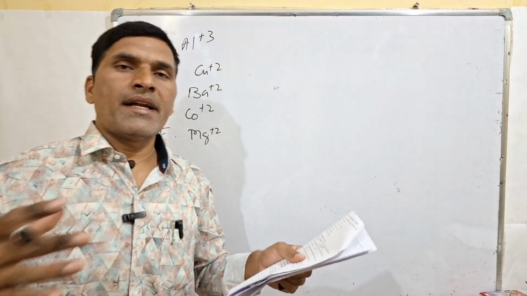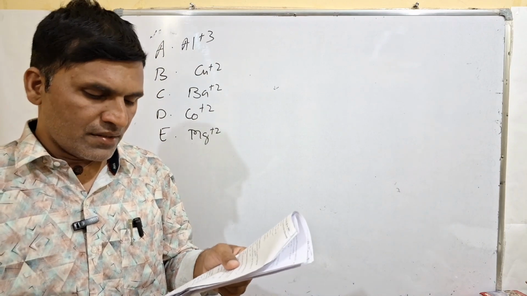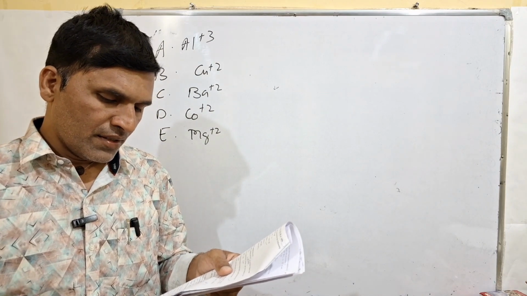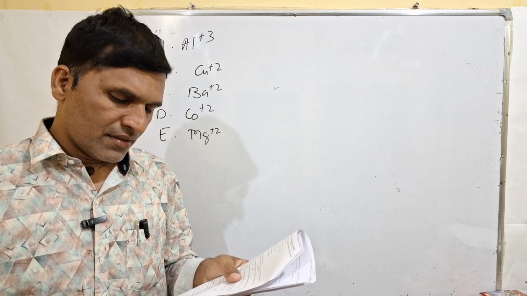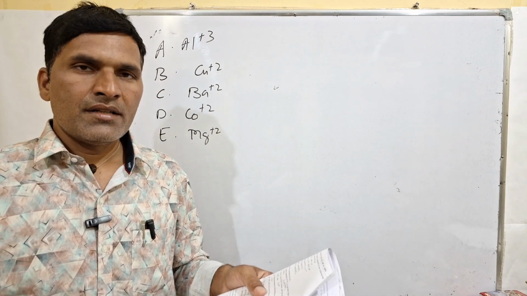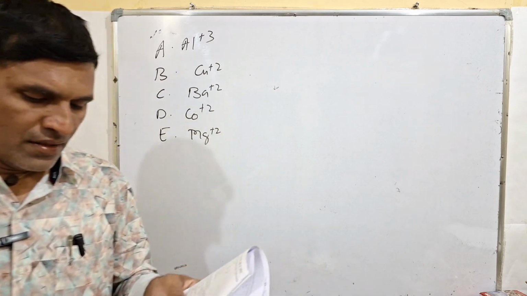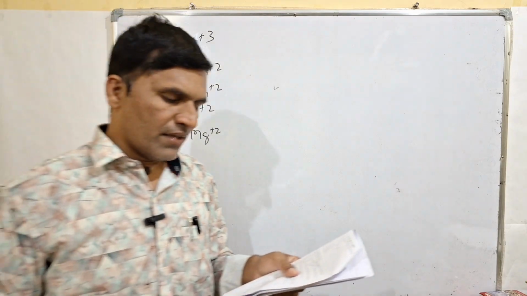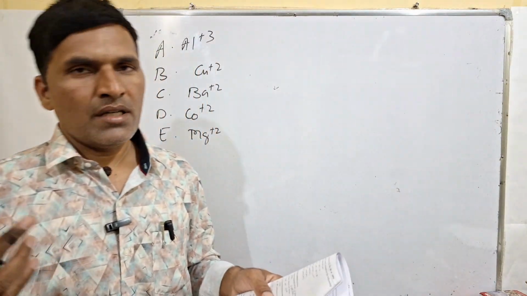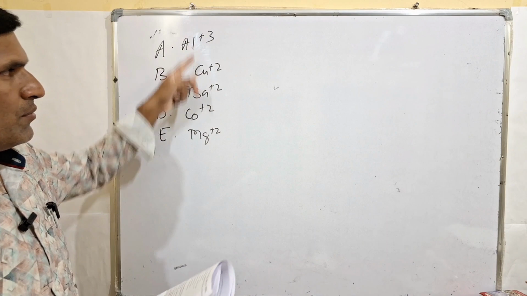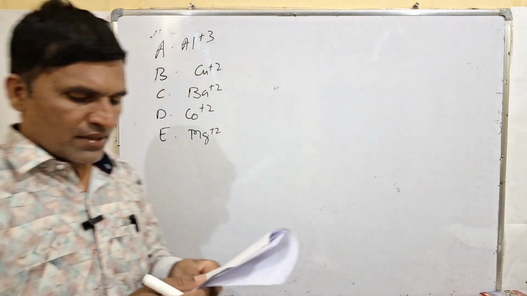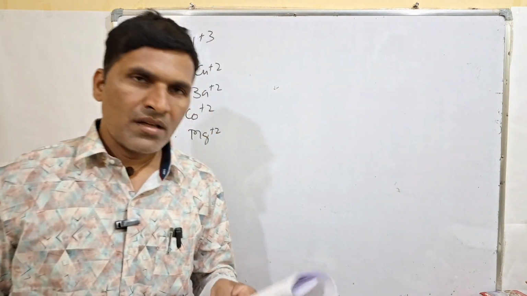All those radicals which, in the presence of dilute HCl, get precipitated are called group 1 radicals. Your examples are Ag+ and Pb2+, and both are not here, so leave that one. Let us move on to group 2.